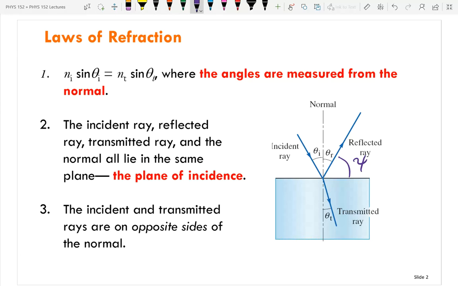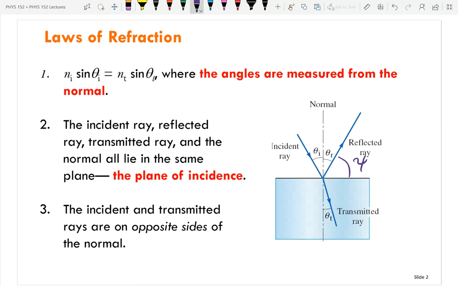What is the law of reflections? That's Snell's law. That is a law, but Snell's law is for refraction. For reflection, it's the very simple one. Theta incident is equal to theta reflected.